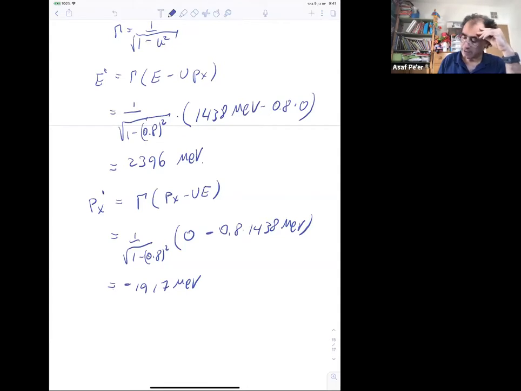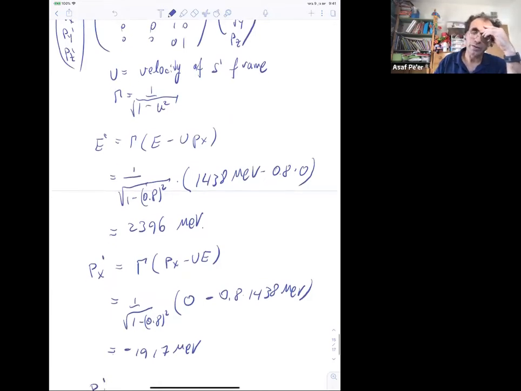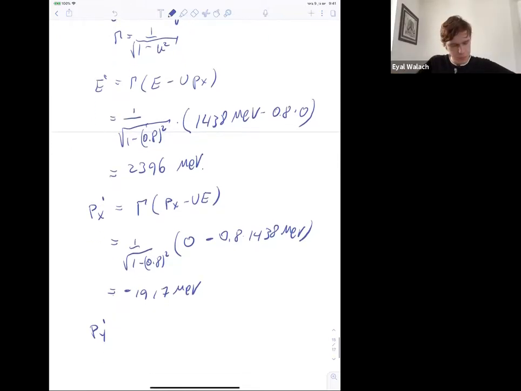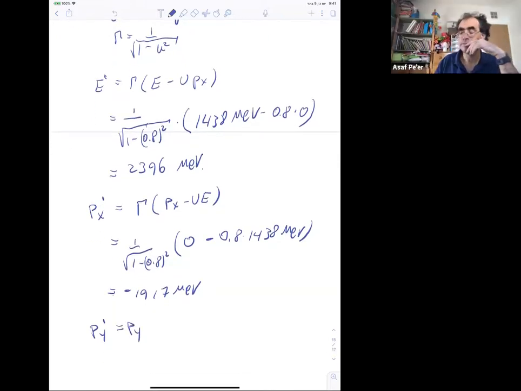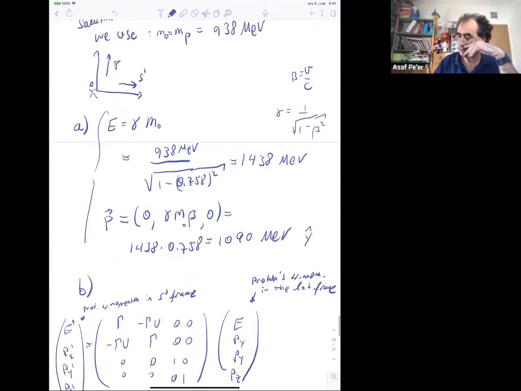What is the momentum in the y direction, Py prime, measured in the S prime frame? Just Py. It's the same. These haven't changed, because the frame is moving in the x direction.